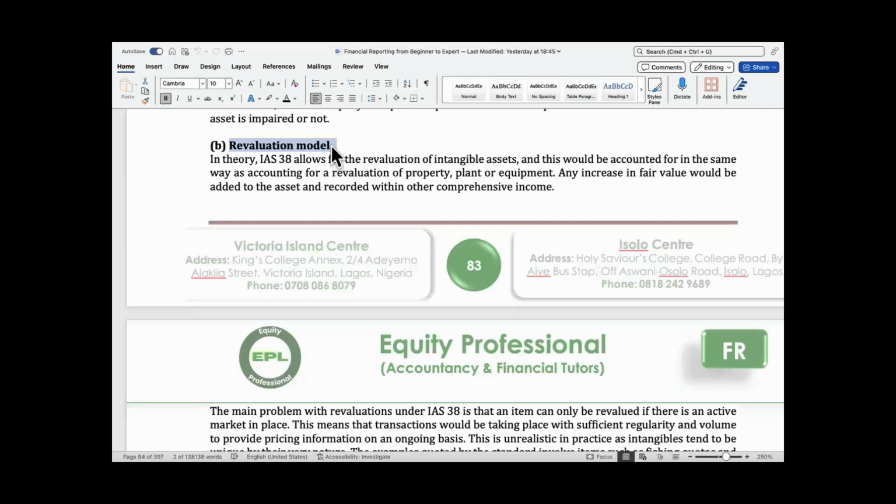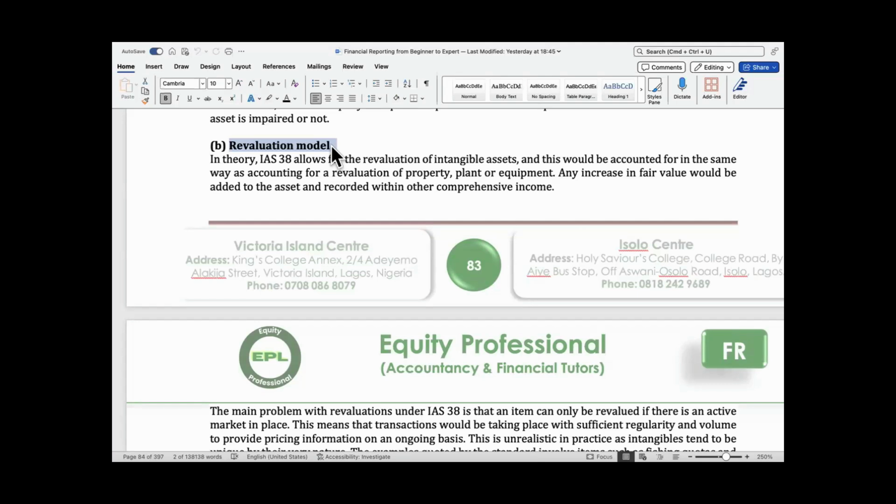Before you can use the revaluation model for an intangible asset, it's expected that it must have an active market where you can get the selling price or its fair value. Otherwise, just use cost model.